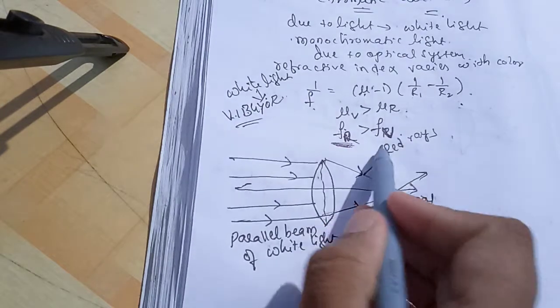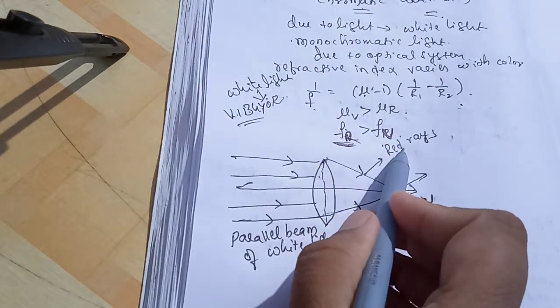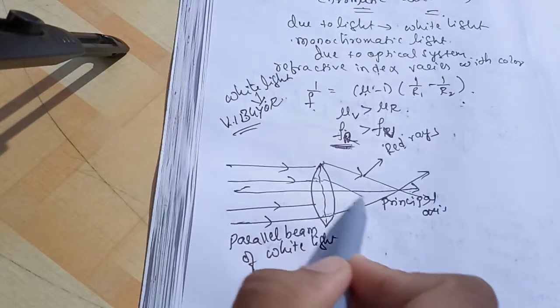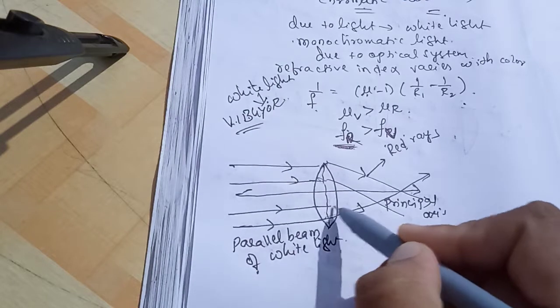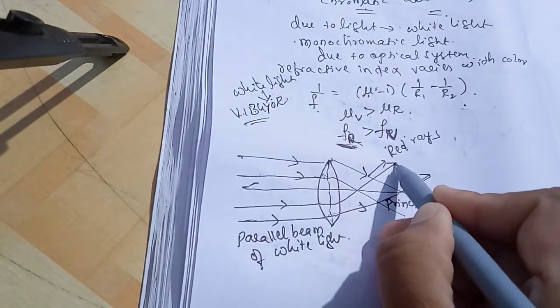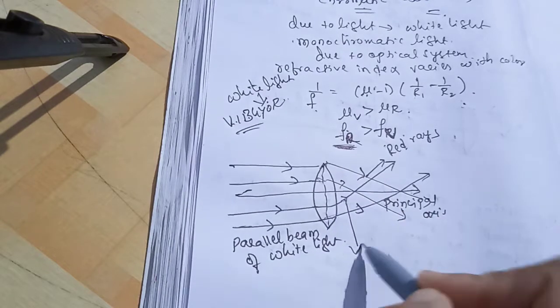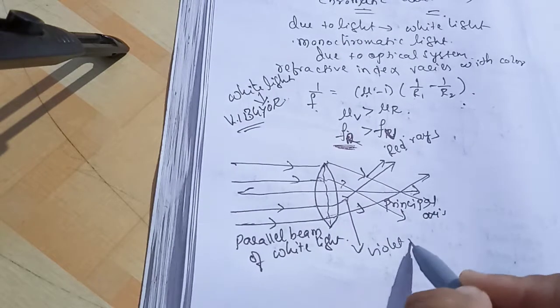Now as the focal length of violet is less compared to the red rays, they focus on the principal axis nearer to the lens. These are violet rays.